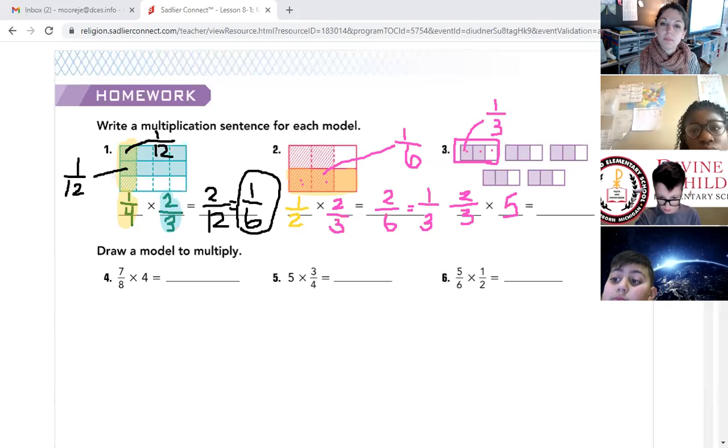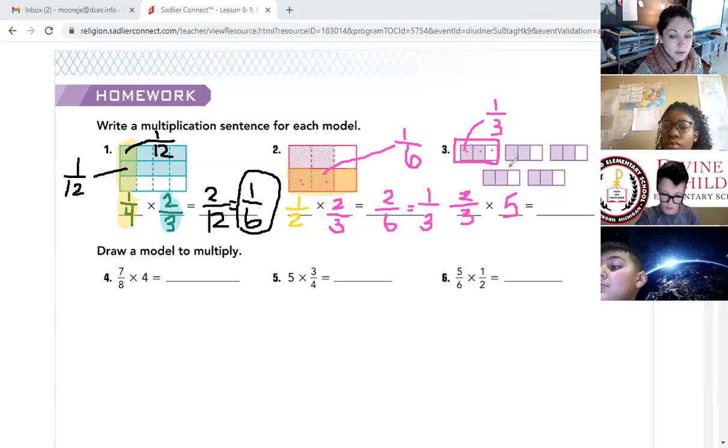Okay, so if that's 1/3, how many thirds are shaded? 1/3, 2/3, 3/3, 4/3, 5/3, 6/3, 7/3, 8/3, 9/3, 10/3. 10/3. So did the procedure work?